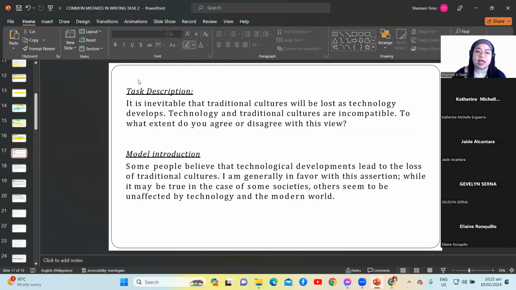Okay. Another sample. Let's have another sample. It is inevitable that traditional cultures will be lost as technology develops. Technology and traditional cultures are incompatible. To what extent do you agree or disagree with this view? Ay, inulit?